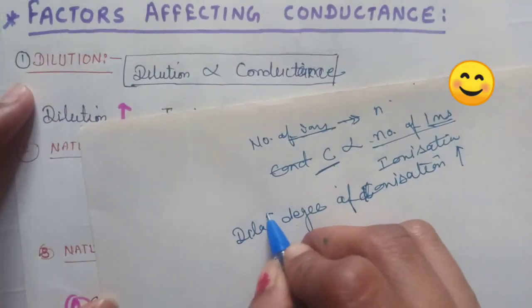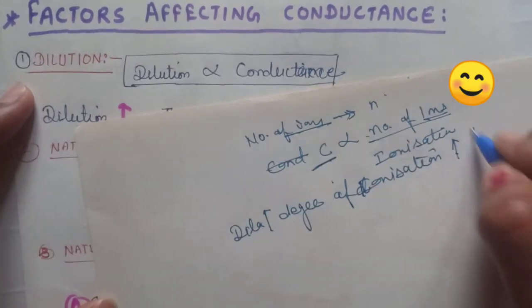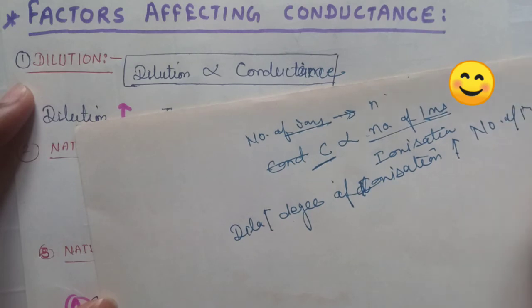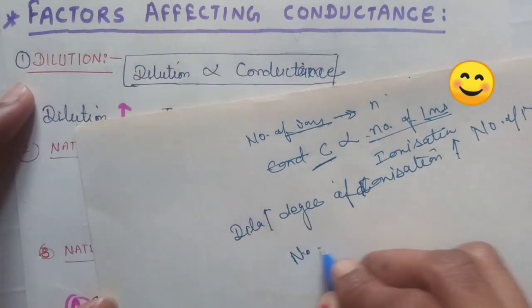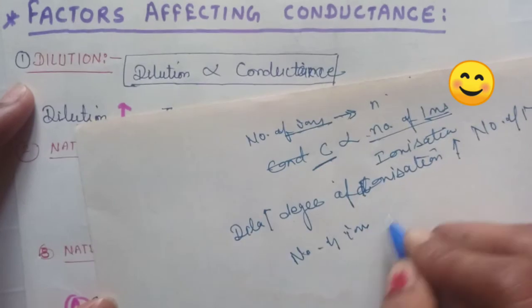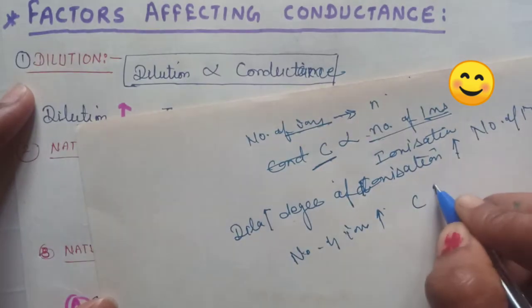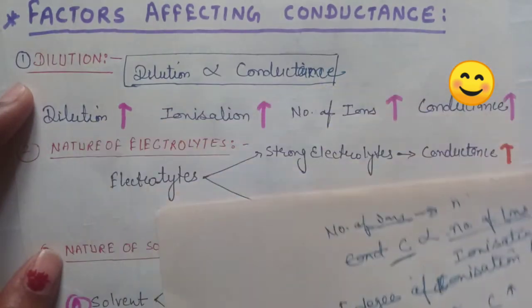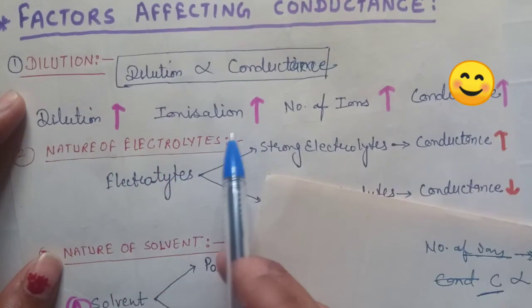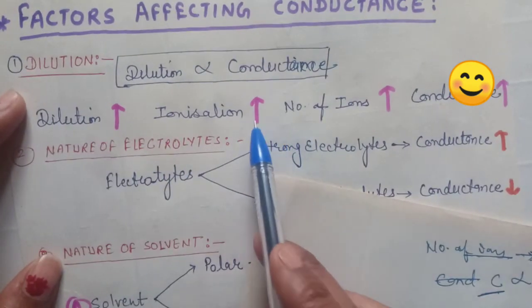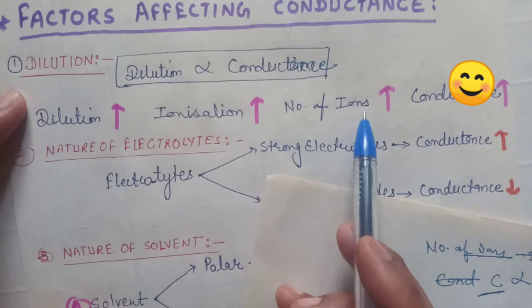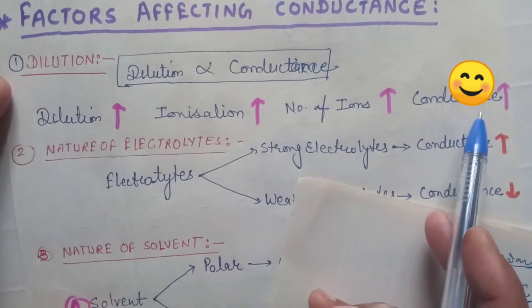Degree of ionization increases, so the number of ions increases. Number of ions increases, so the conductance also increases. Clear? Dilution increases, ionization increases, number of ions increases, so the conductance also increases.